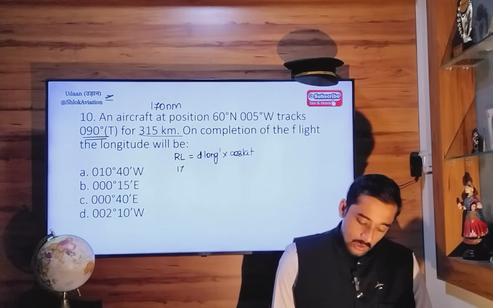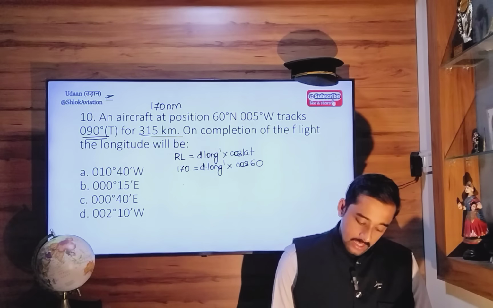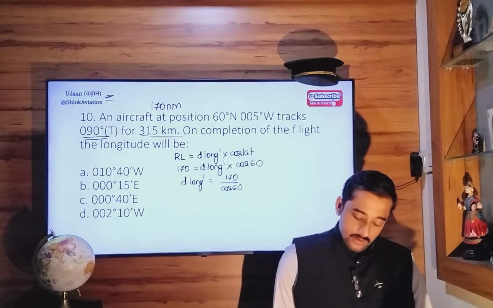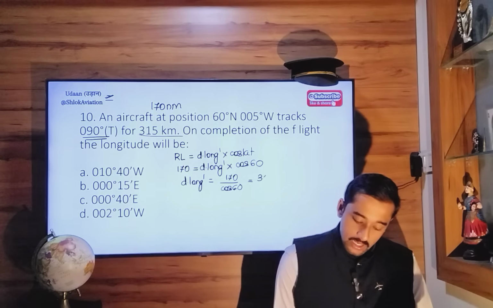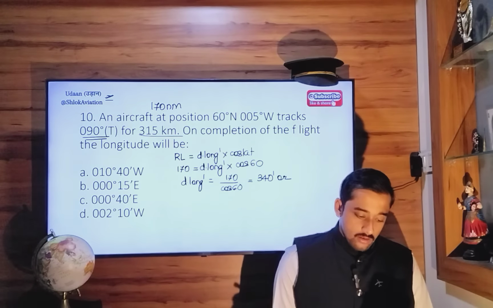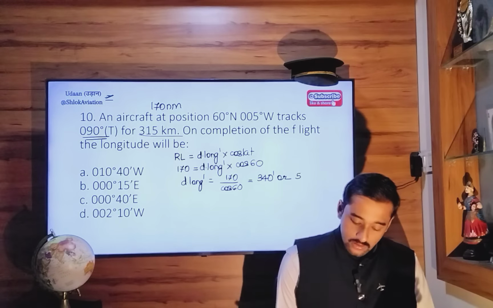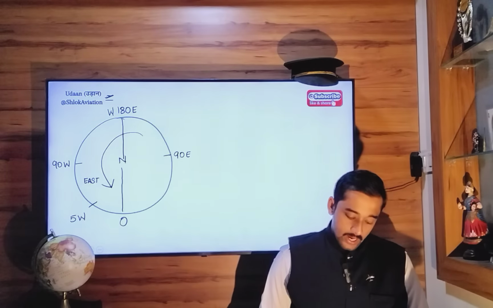So 170 nautical miles, d long in minutes into cos 60. So d long in minutes will be equal to 170 over cos 60, which is 0.5, equal to 340 minutes or 5 degrees 40 minutes. So the difference in longitude is 5 degrees 40 minutes.